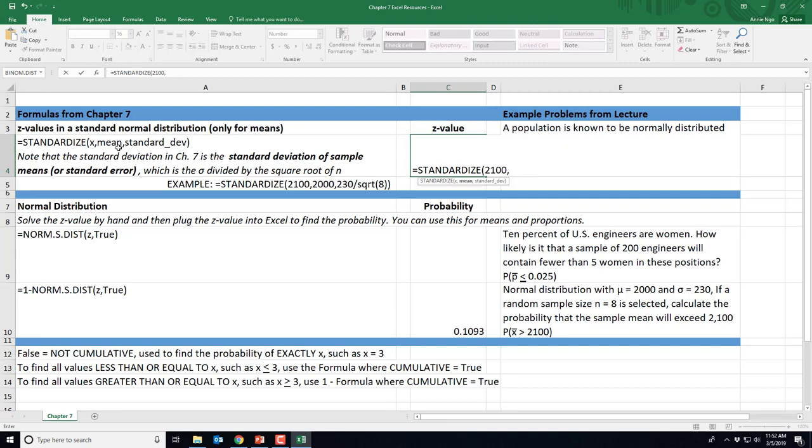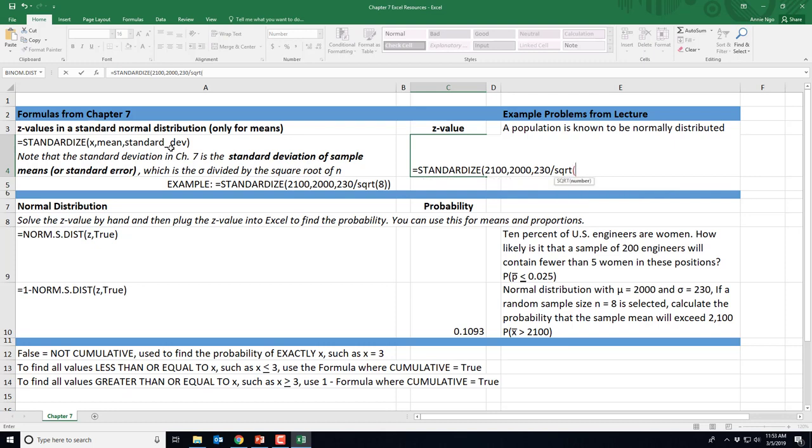The mean, that was the population mean that was given to us, that's the 2000, comma. And then for the standard deviation, in Chapter 7, that's known as the standard error, where we take our population standard deviation, that's the 230, and we divide it by the square root of n. So we'll type in SQRT for the square root, parentheses.